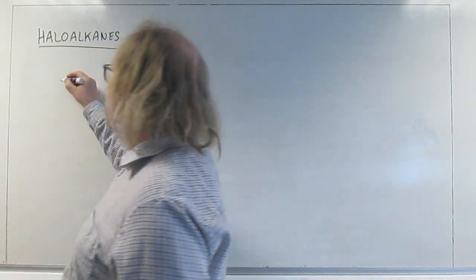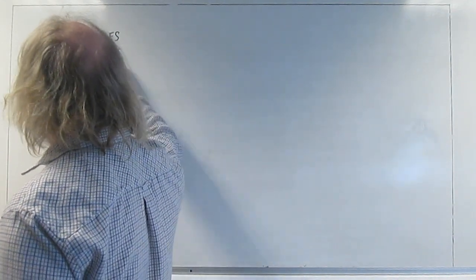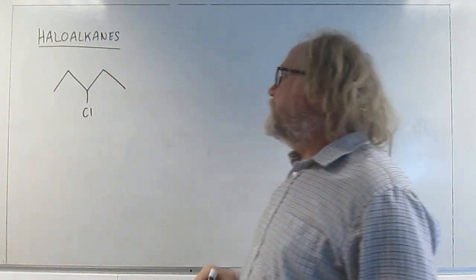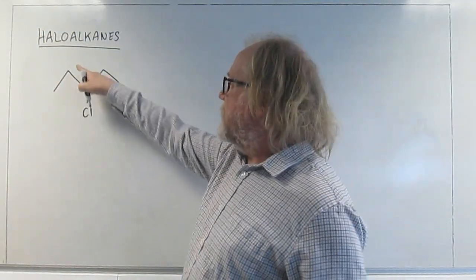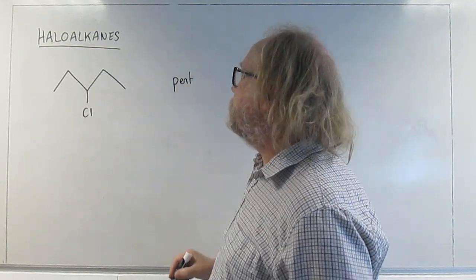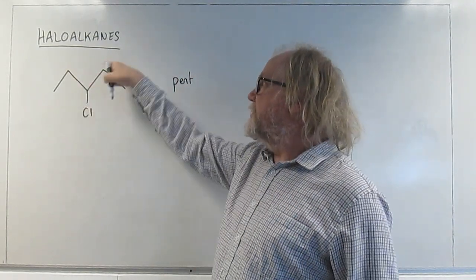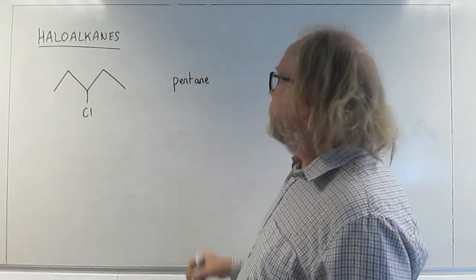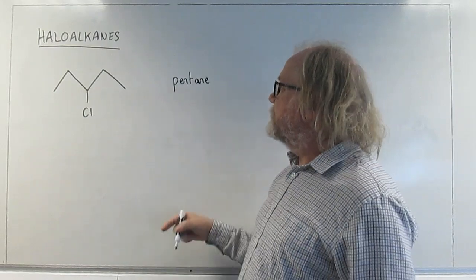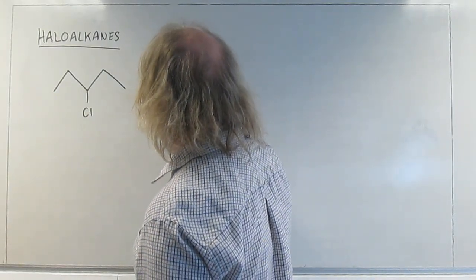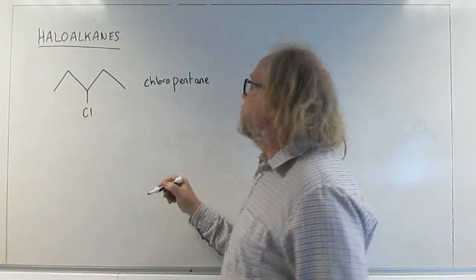So if we take a simple example like that, you would just say, right, it's got a chain of 5 carbons, so it's pent. It's saturated, no carbon-carbon double bonds, so it's ane. But it's got a chlorine attached to it, and the way you deal with that is by putting chloro in front of the name.